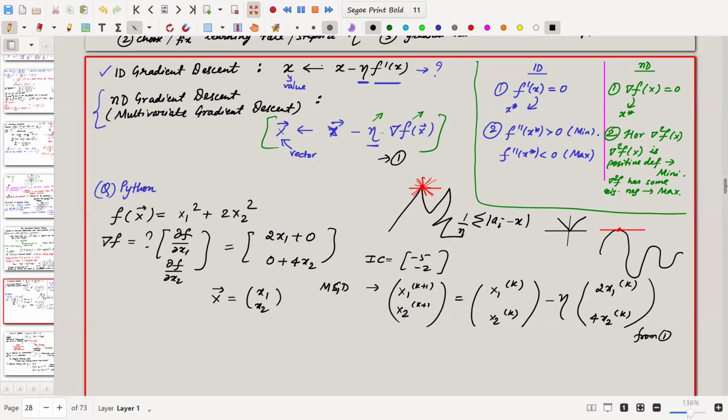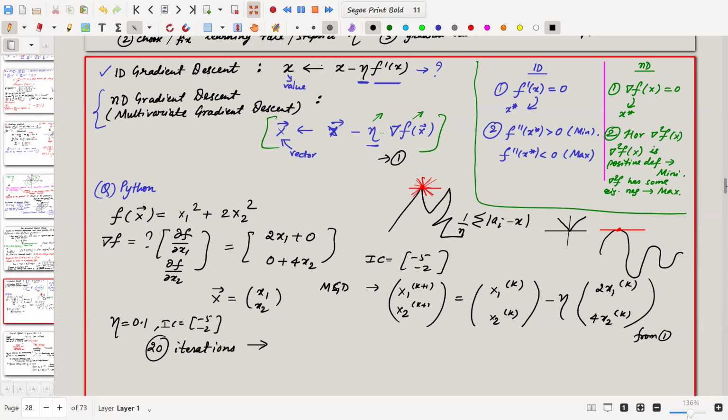Okay, so if you visualize this, we'll visualize this in Python. Okay, so you will see that when eta, the learning rate or the step size, is taken to be 0.1, okay, and the initial condition is -5, -2, after 20 iterations, it converges to the minima.